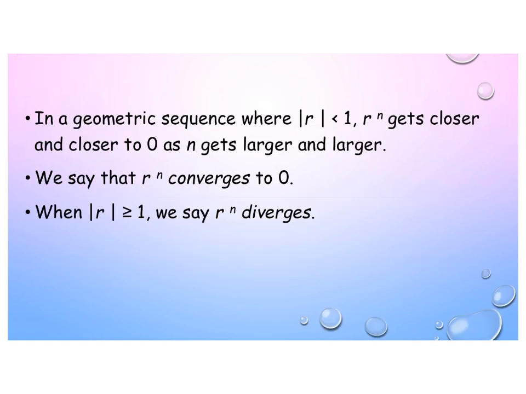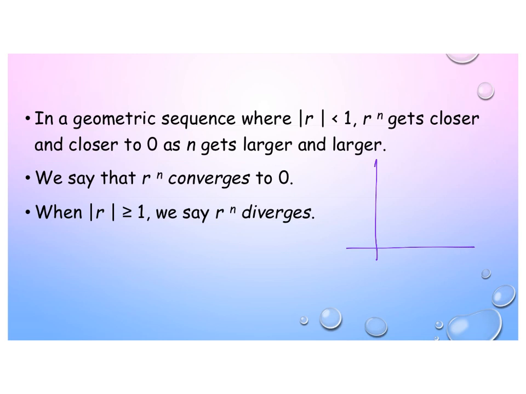In a geometric sequence where the absolute value of r is less than 1, what happens is that small of an r makes your overall value get smaller and smaller and smaller. We say that r to the n converges on 0. So let's think about this.